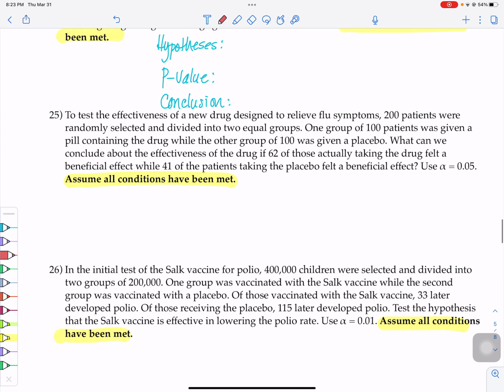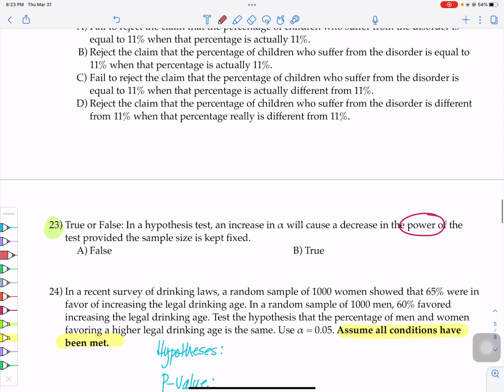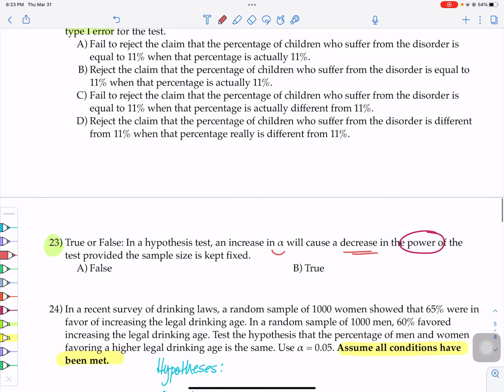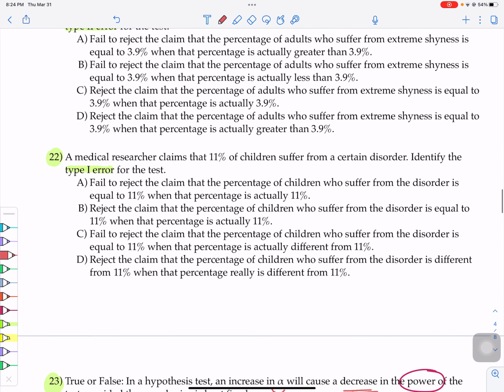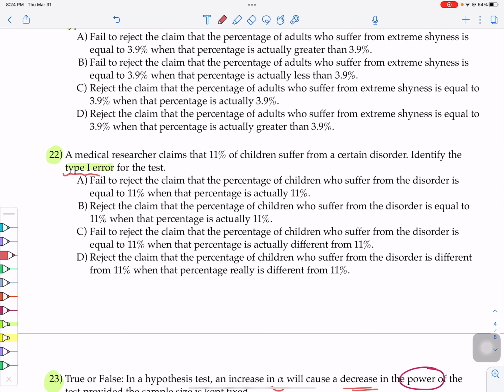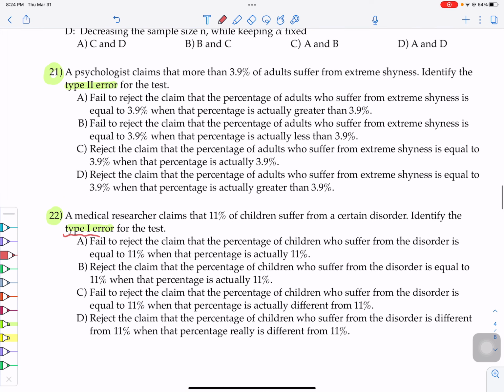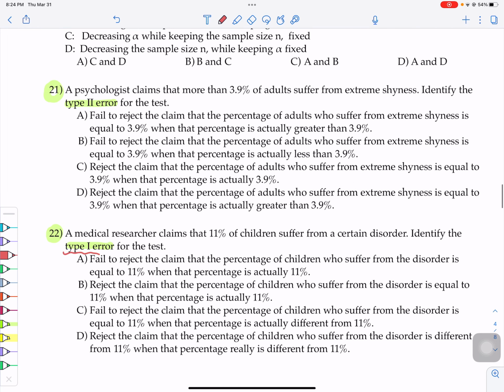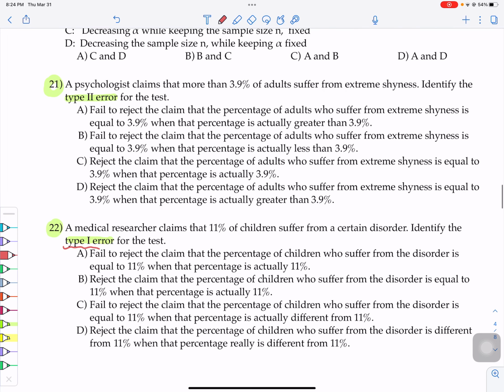especially, like I said, in a hypothesis test, when we increase alpha, does that decrease or increase the power? That's a good question. What is a type 1 error? Think about that. We're making an error, so it is either rejecting a true hypothesis or not rejecting a false hypothesis.